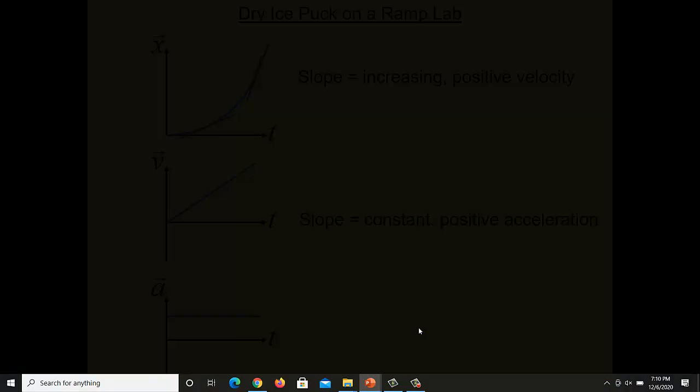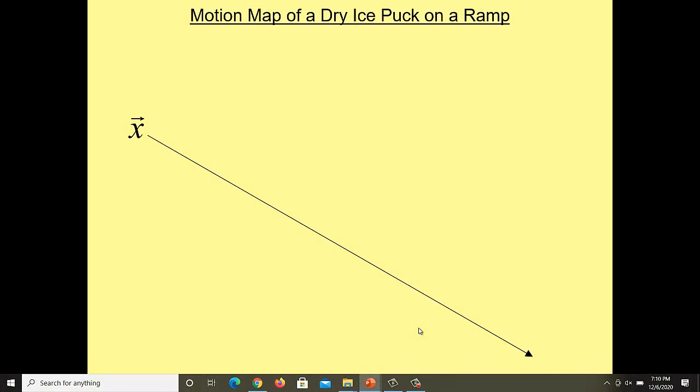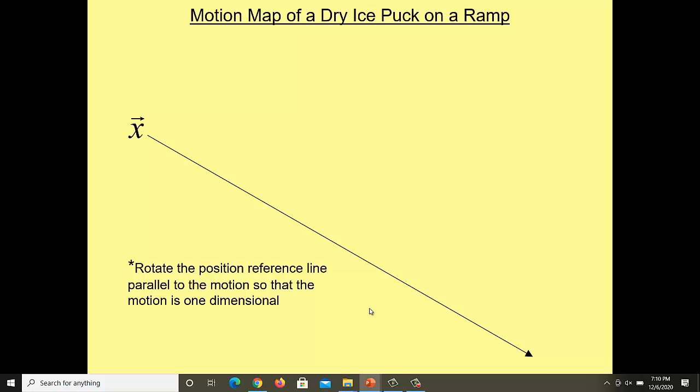All right. So let's create a motion map of the dry ice puck on the ramp. The first thing you'll notice right away is we have taken our position reference line, and instead of leaving it as horizontal, we rotated the axis. Why? Well, for the same reason that we do it when we're drawing force diagrams, which is to make the motion one-dimensional.